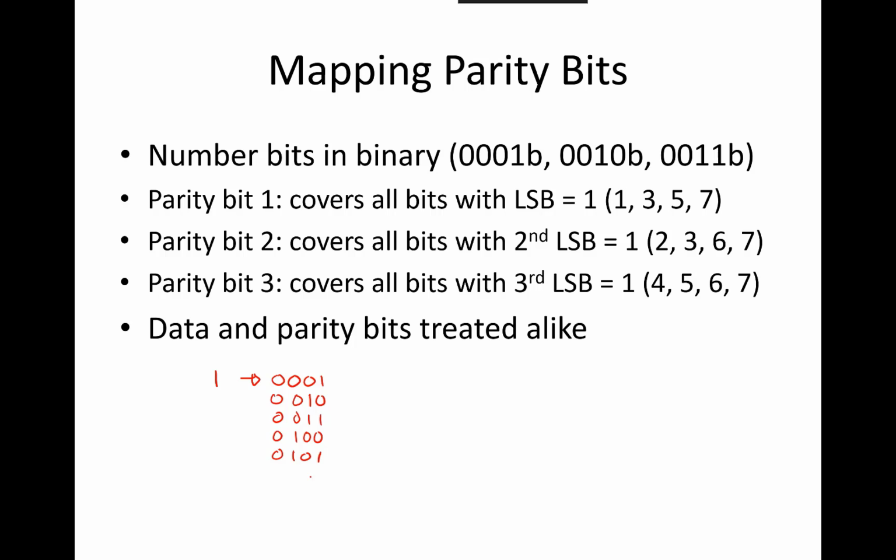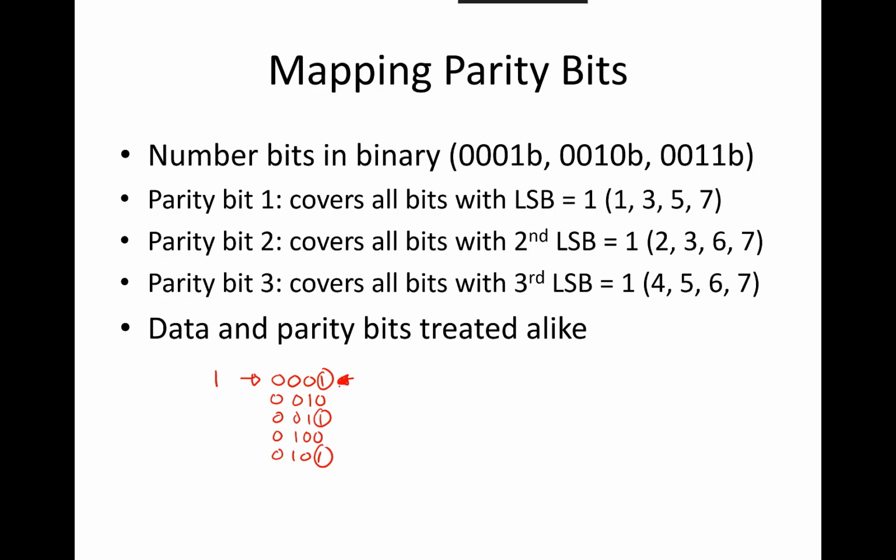And what we want to say is that parity bit 1 will cover all the bits where our least significant bit is a 1. So we've got a 1 there, a 1 there, a 1 there. It's going to cover, for example, 1, 3, 5, and 7. And the parity bit will actually be the first one of those.